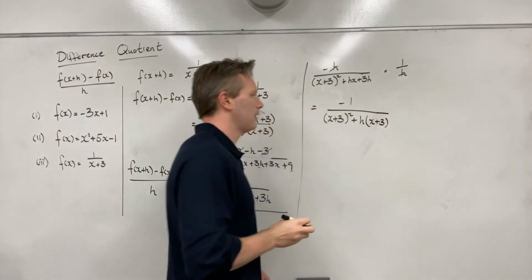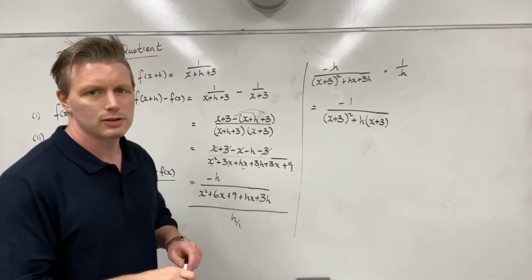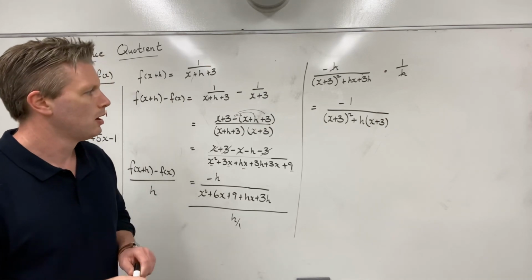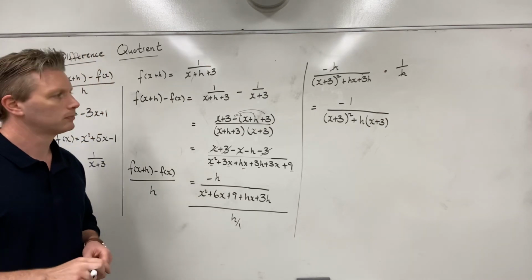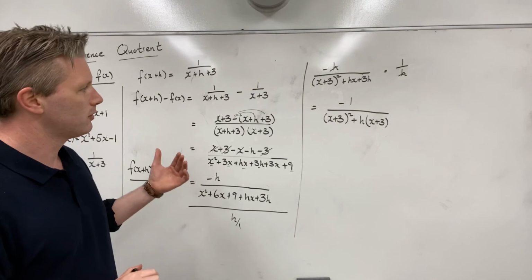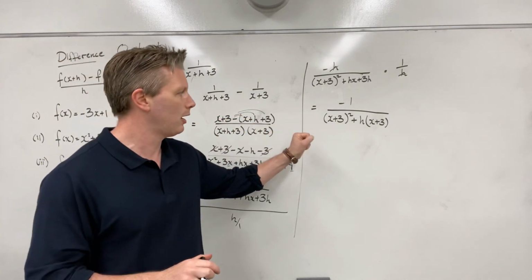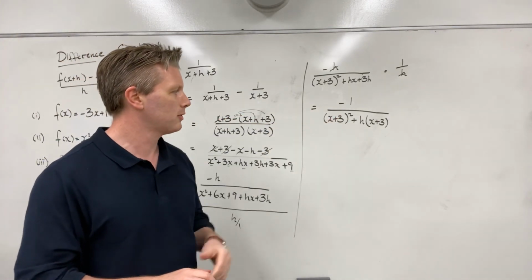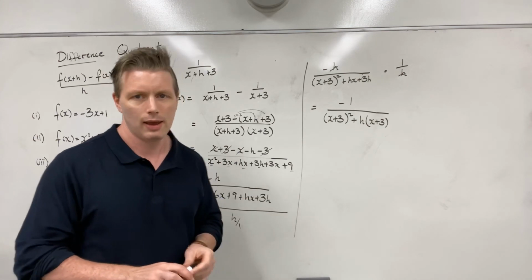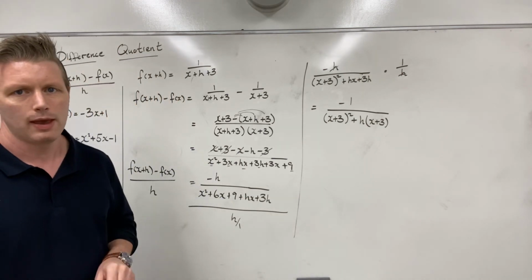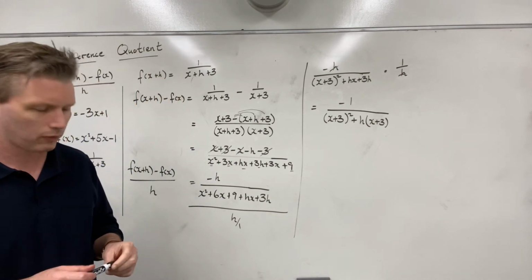Perhaps I could leave it in that form. You bring your minus to the front of your fraction. And that's it. I'm left with my difference quotient as minus 1 over x plus 3 squared plus h times x plus 3. That is my answer for that third function.